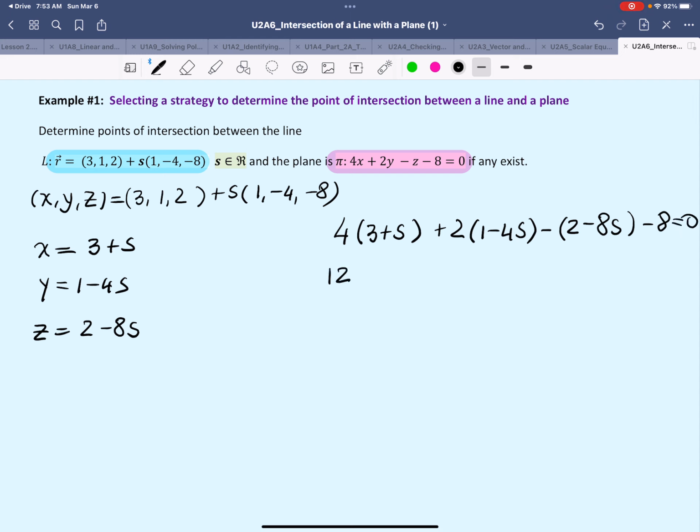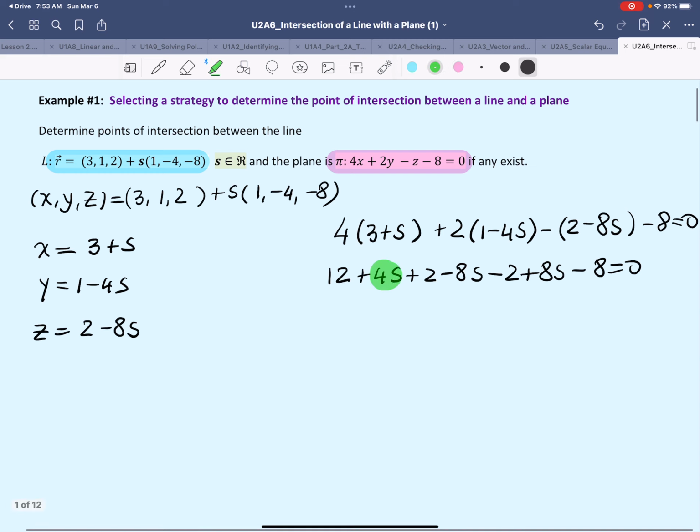So solve the equation for s: 12 plus 4s, plus 2 minus 8s, minus 2 plus 8s, minus 8 equals 0. Collect like terms, starting with the s terms. As you can see here, we have minus 8s and plus 8s, which means we're left with 4s.